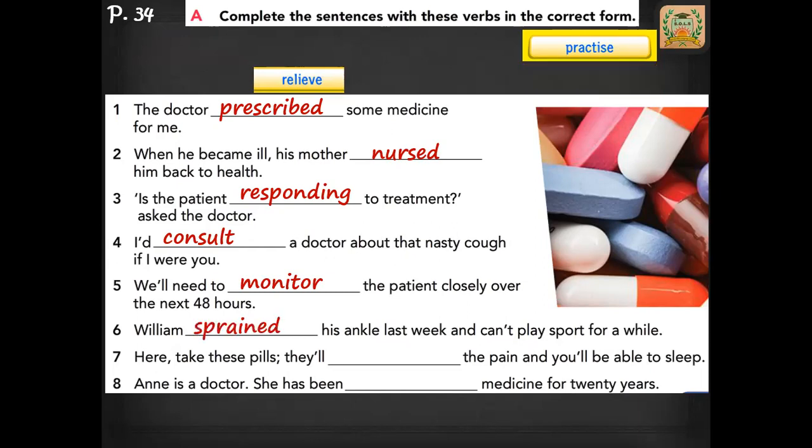His ankle sprained, that's right, we say sprain an ankle. We have taken this word from primary, I remember that. Here, take these pills, they will the pain. They will do what to the pain and you will be able to sleep. Yes, they will relieve the pain.